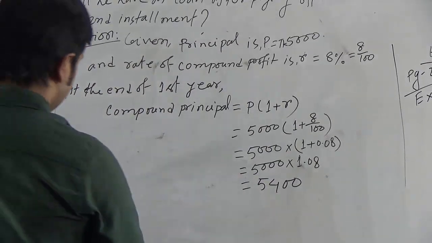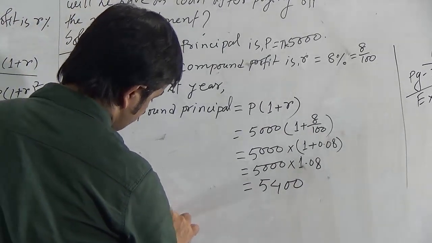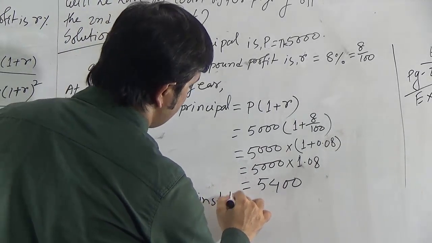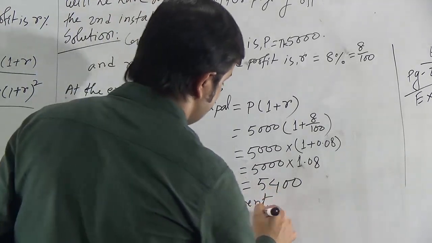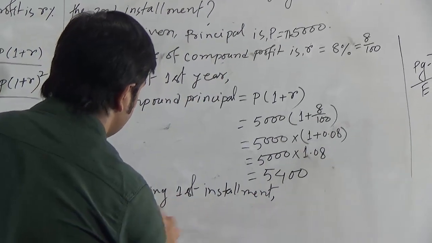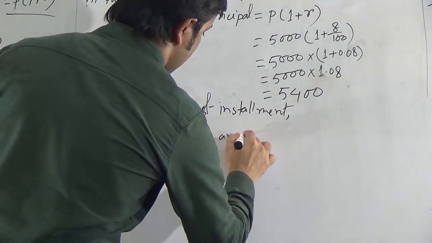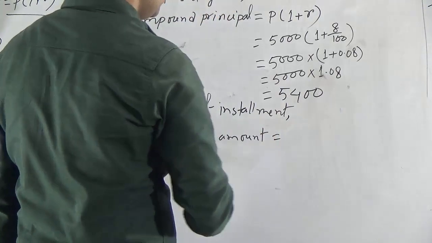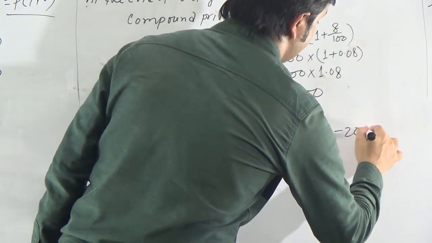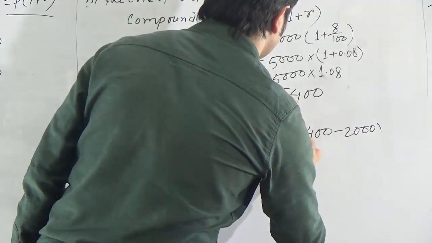So after paying the first installment, the remaining amount is, it means we have to subtract 2000 taka from 5400.